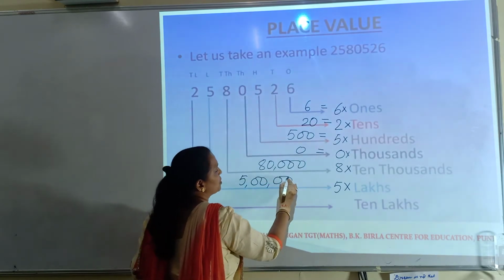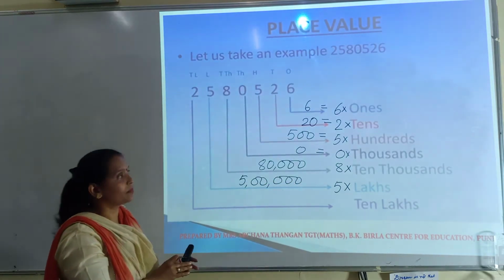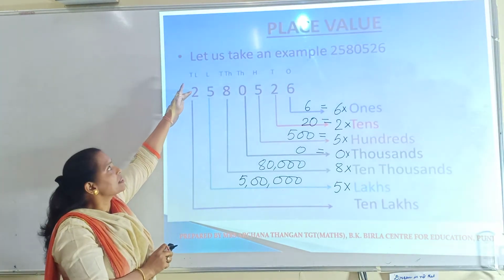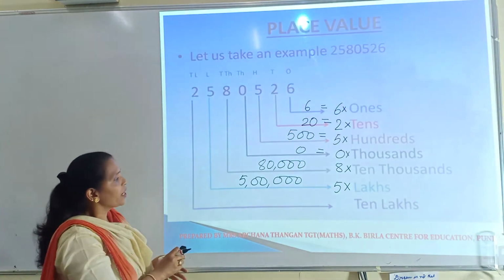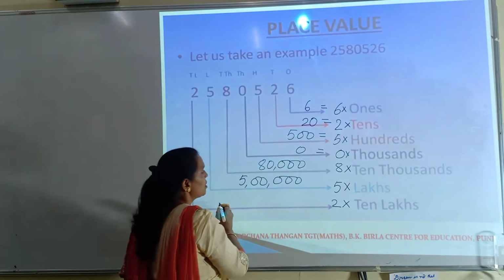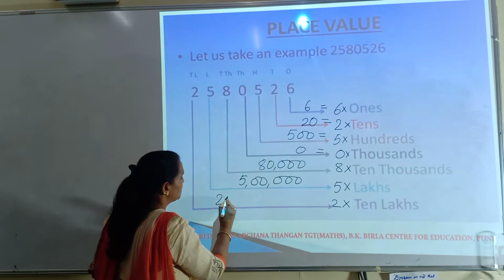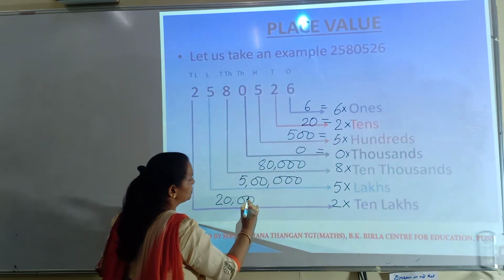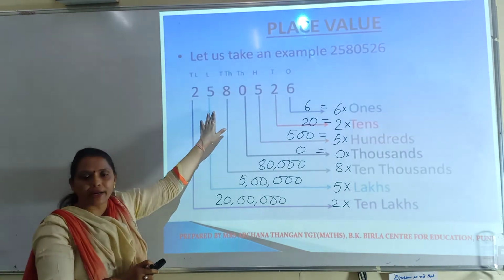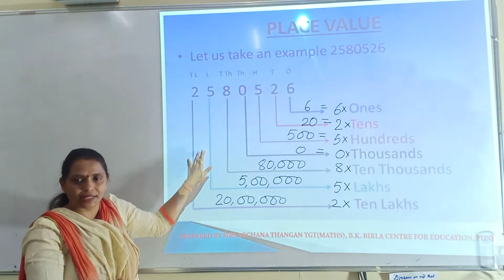You know how to put a comma according to the Indian system. Next is the last digit. We have a 2. It is in ten lakhs place. So, its place value is 2 multiplied by 10 lakh. It is 20 lakh. So, this is the way we have to find the place value of each digit.